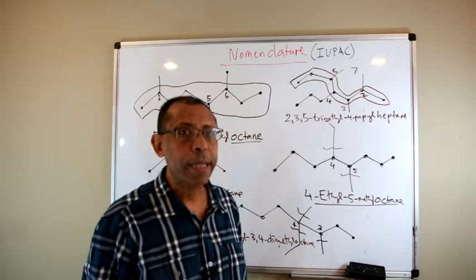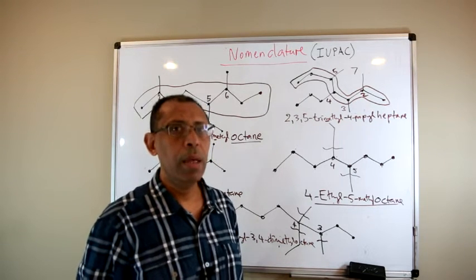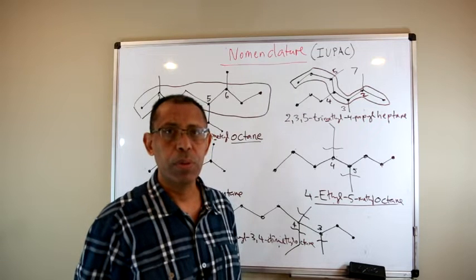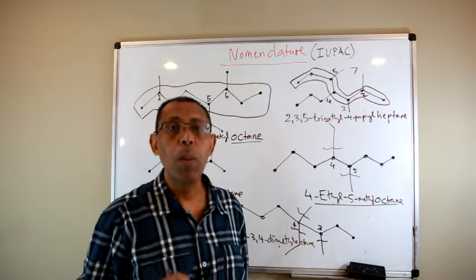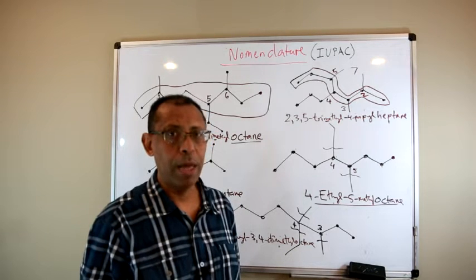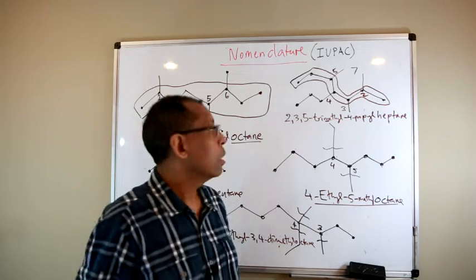The way I selected my chain, when both are 7 and 7, the one which gives me more substituents gets priority.